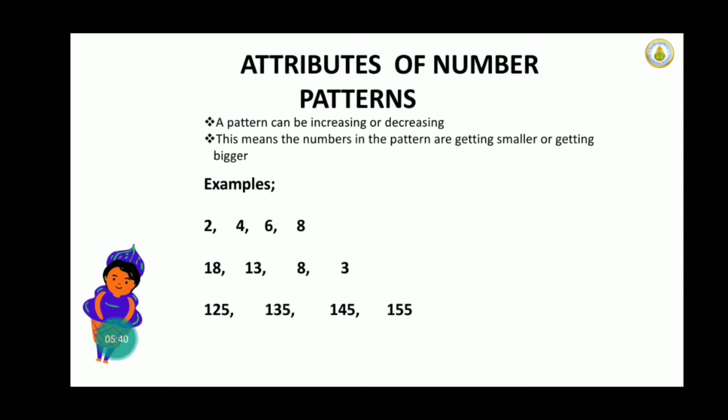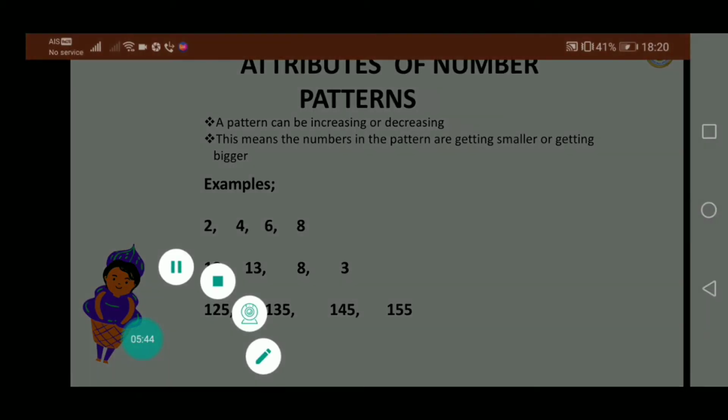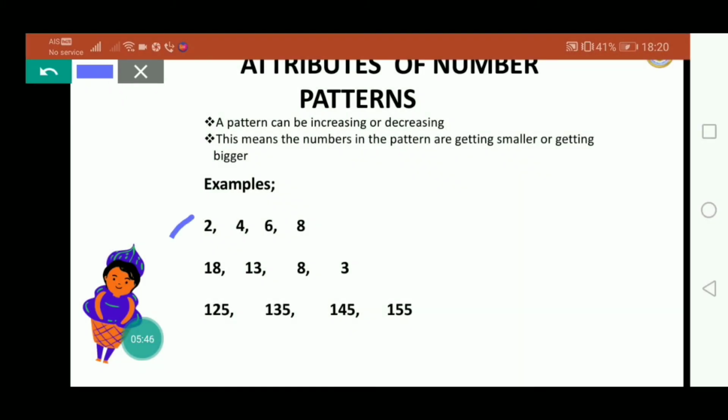So we have an example here. The first example that we have here is 2, 4, 6, and 8. Now, is it increasing or decreasing? Well done. So this is increasing. That is why this is addition. When it is increasing, how many do you think we add in each number?